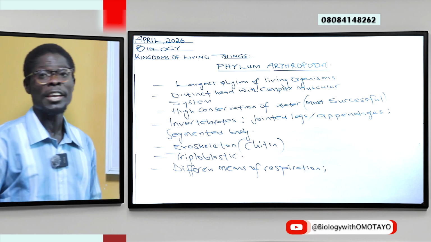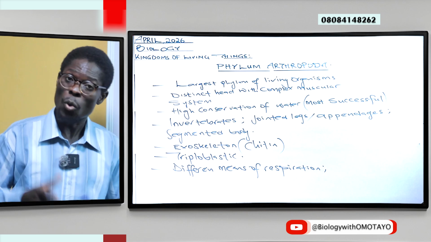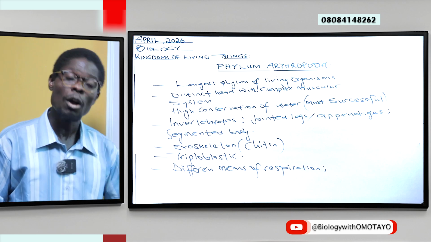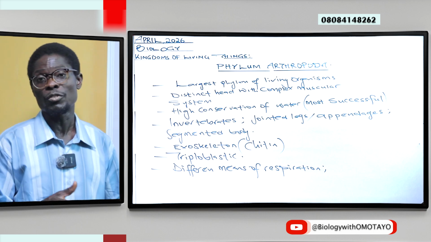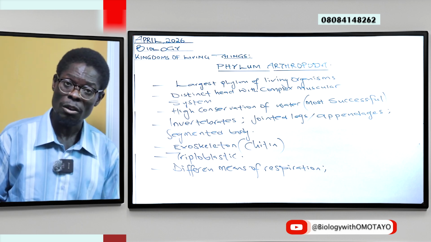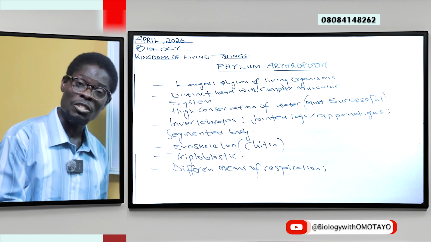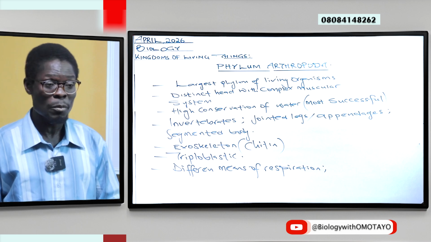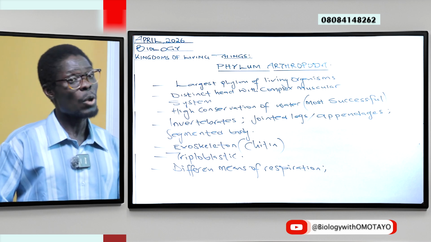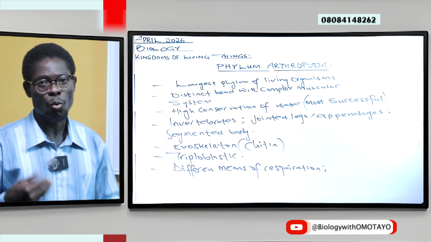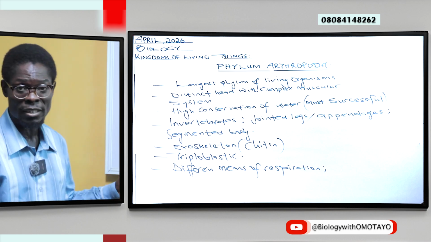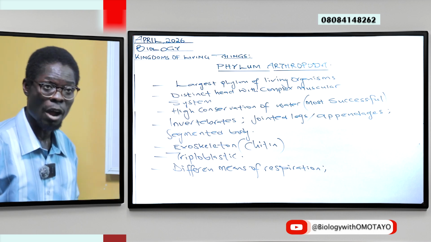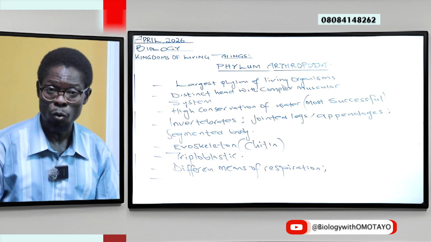Also, what you have here is an open circulatory system. When we get to biological systems as well, we'll be looking at the circulatory system and the various types of circulatory system. We have the open circulatory system, the closed circulatory system, you have single circulatory system, you have double circulatory system, you have the one you may call pulmonary, you have systemic, and so on. When we get to treat that, we'll look at it in detail. But for this phylum right now, all we know is that they have what?